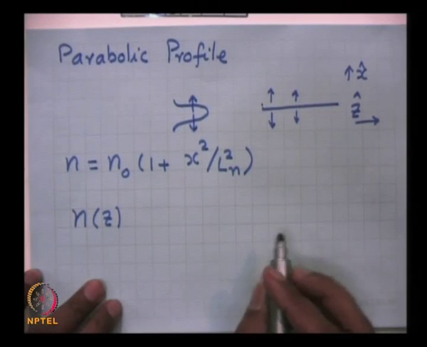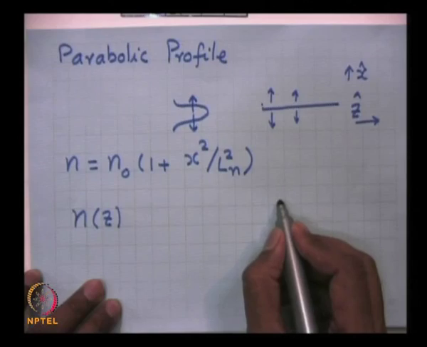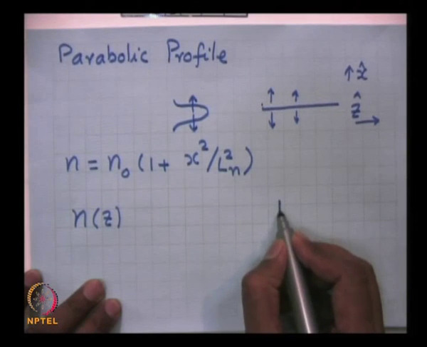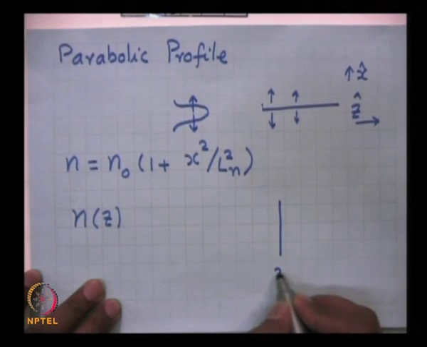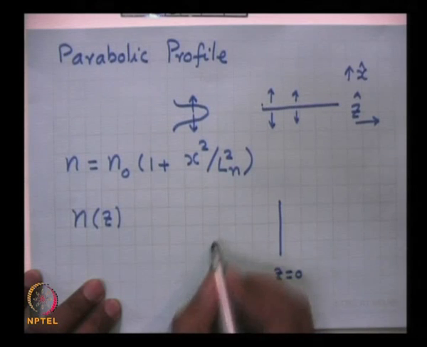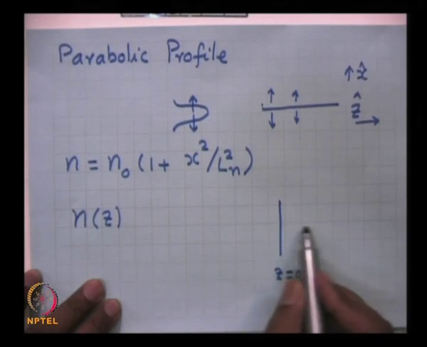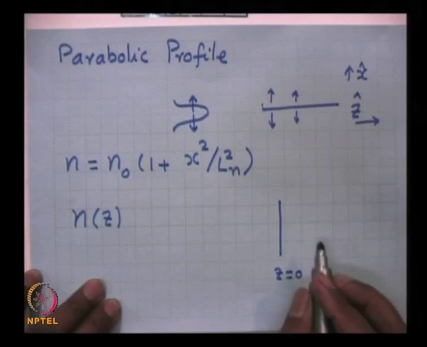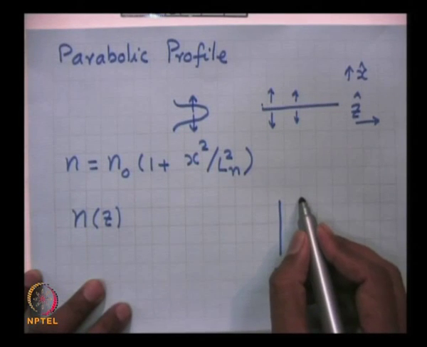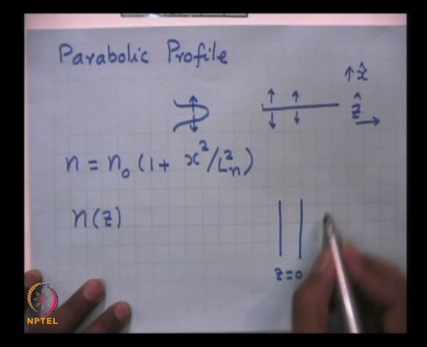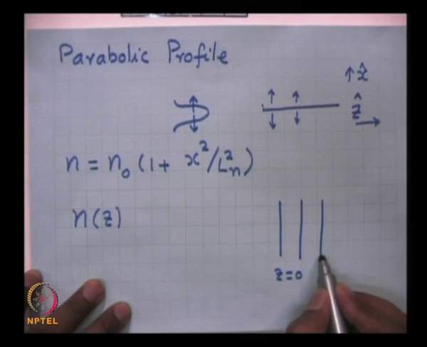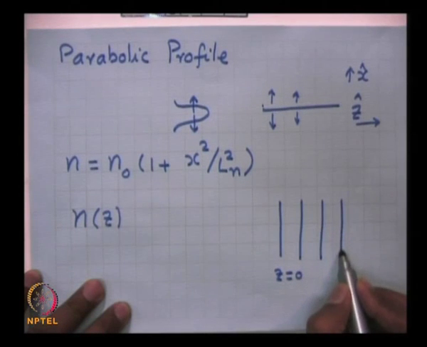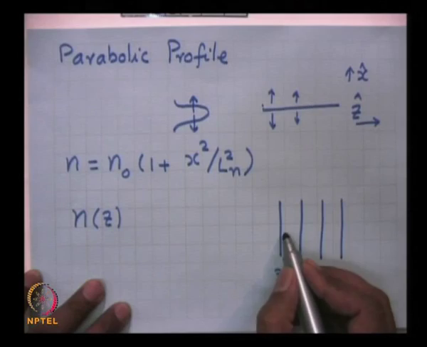Suppose this is my z equal to 0 plane, from where the plasma begins, this is free space here, and the density is increasing with z. Mathematically, you can divide this plasma into many layers of increasing density, but in each layer the density is constant.